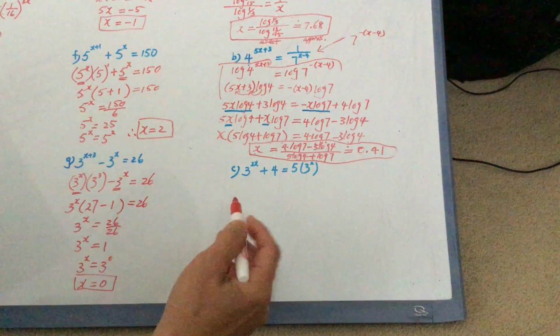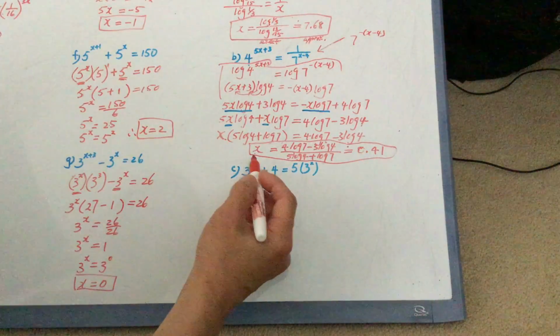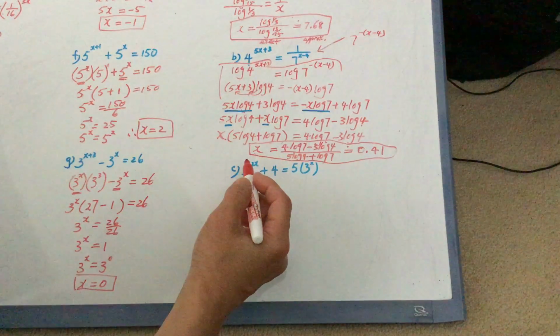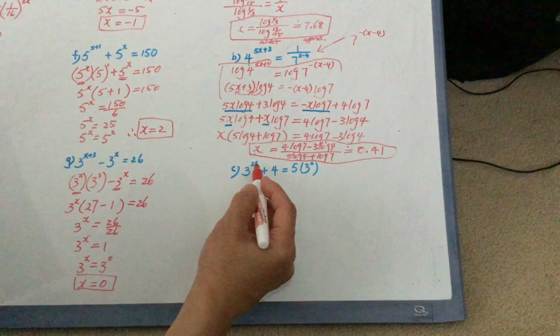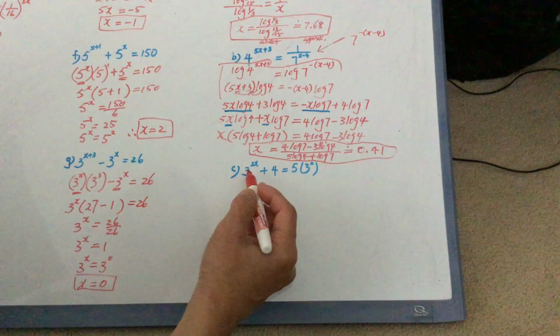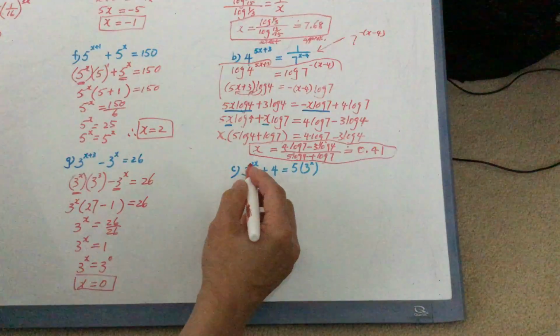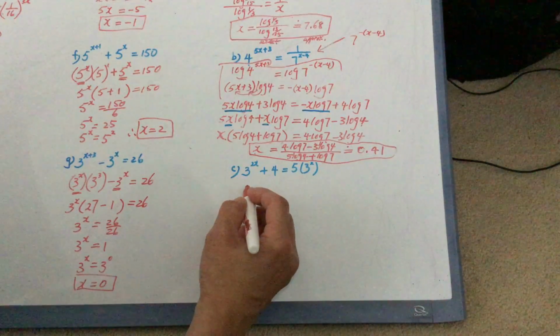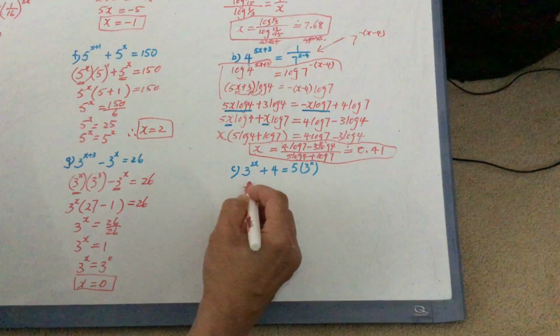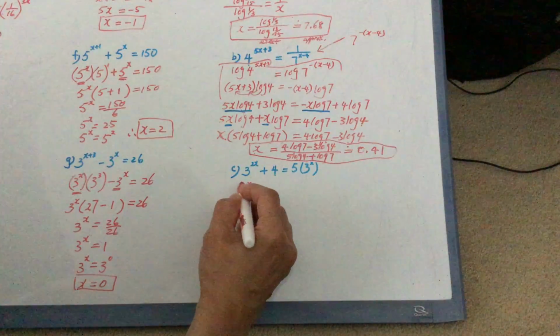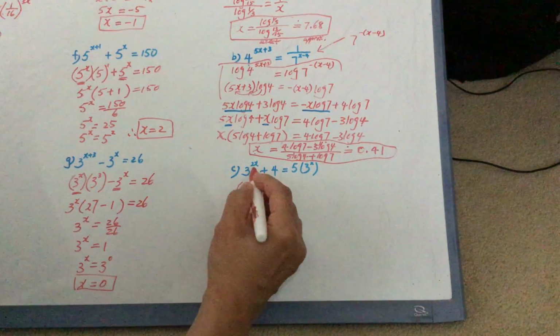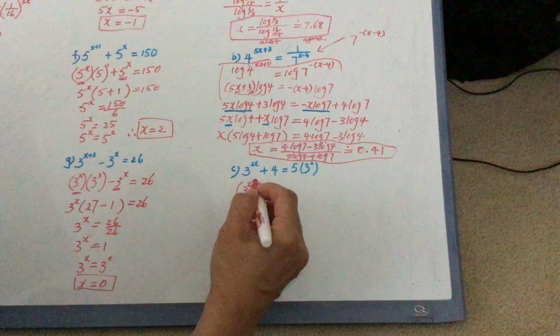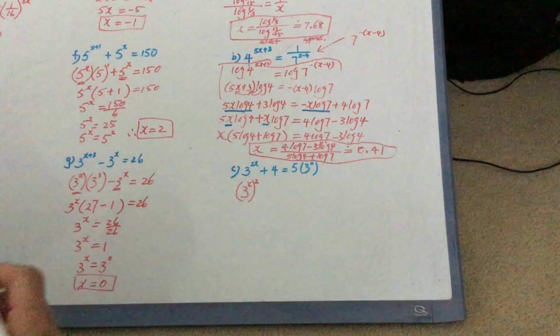This one is unlike the one with adding exponents. You still have to break this into a 3 to the x, but in order to have 2x, you must have a power of 2 outside.